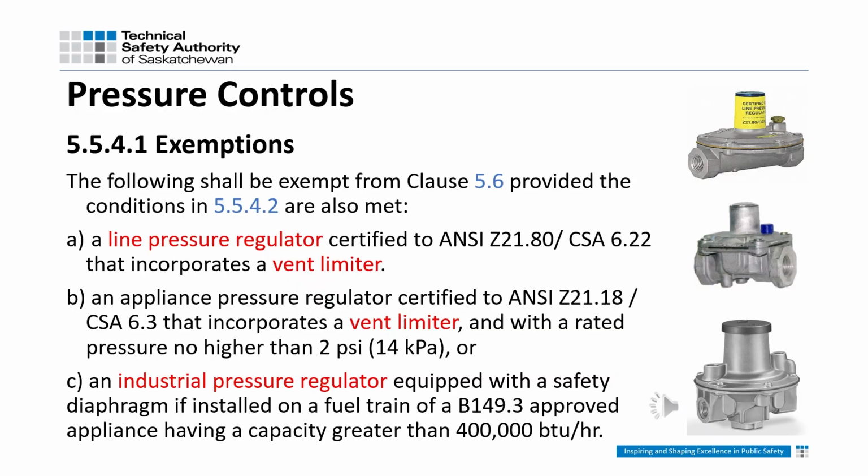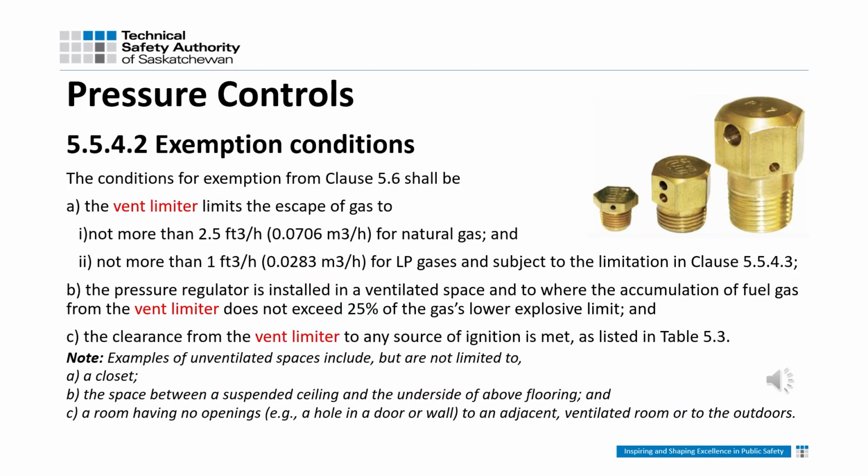New Clause 5542 includes the 25% LEL limit as written in the previous 5543 from the 2020 edition. The clearances in 5.6 become moot under this clause. However, clearances to source of ignition still do represent a risk and therefore are included.